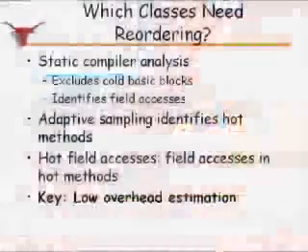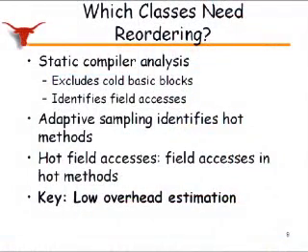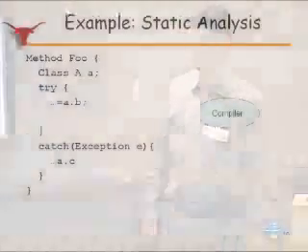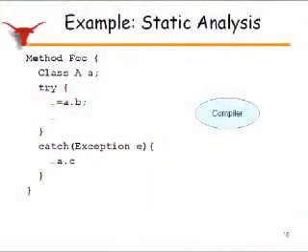And we estimate the hot field accesses to be field accesses in the hot methods. And this is very low overhead because adaptive sampling is already in most VMs, and the compiler analysis is very simple and straightforward.